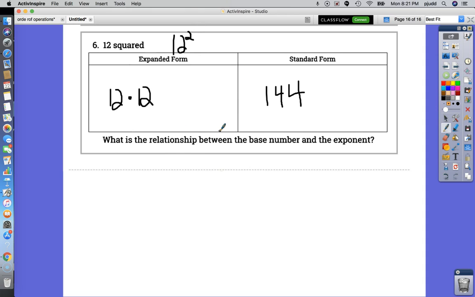So write your relationship between the base number and the exponent. I'm going to give you 2 minutes. Make sure it's a complete sentence and that what you're writing is clear. Pause the video here. At the end of 2 minutes, check back in.